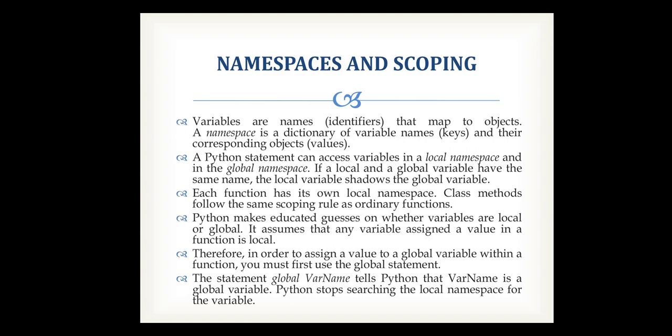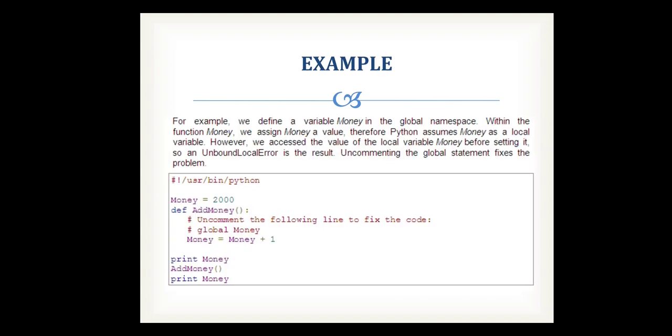Python stops searching the local namespace for the variable. For example, here money is a variable. We define a variable money in the global namespace, within the function money.